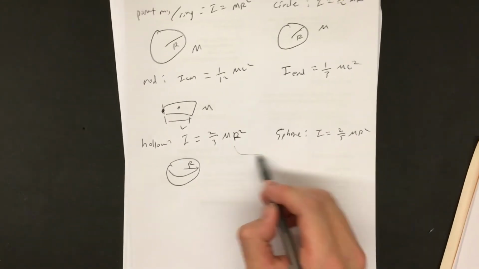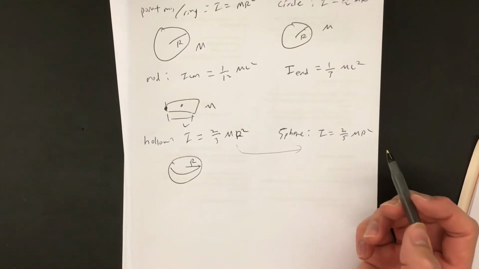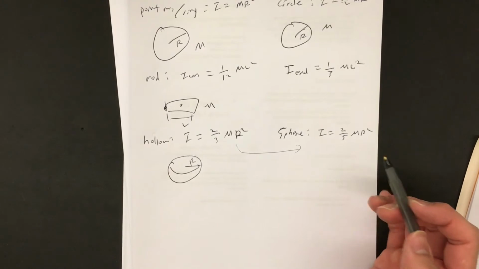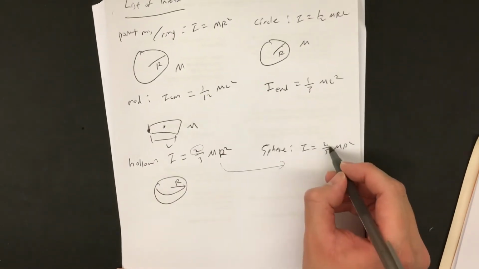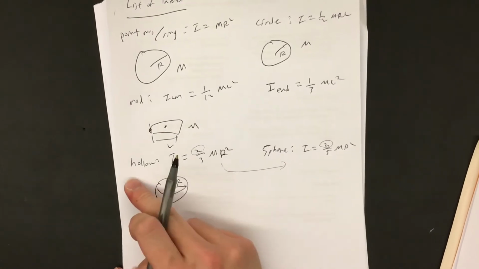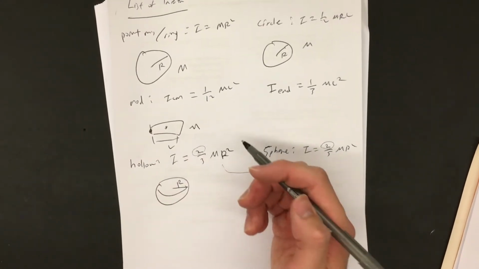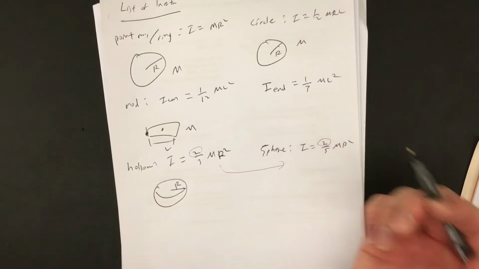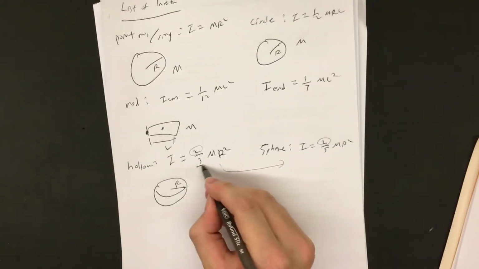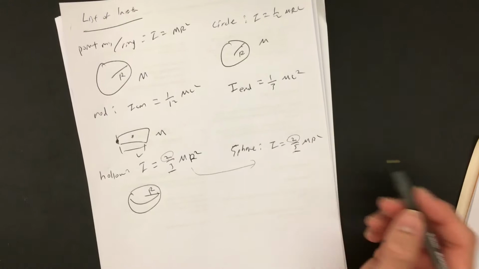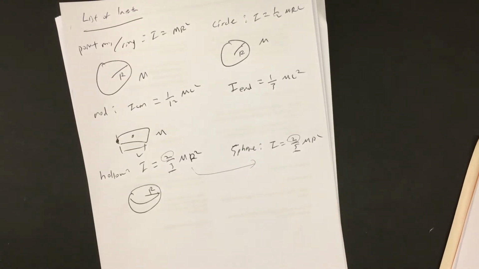Now, for these two, it's kind of hard to memorize, and the way I memorize it is that the numerator is always going to be 2, but since for a hollow sphere more mass is located towards the outside, it is going to have a larger moment of inertia. Therefore, it is going to have a smaller denominator than the normal sphere.